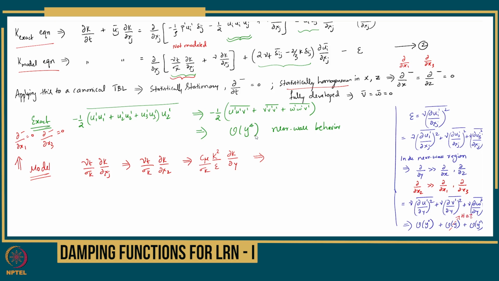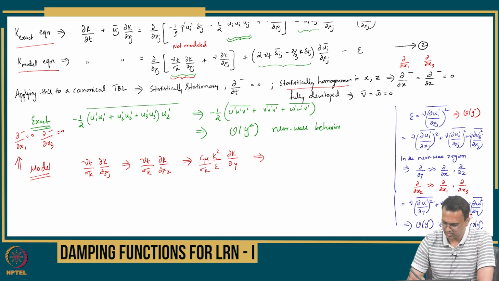So what does this mean? Epsilon has the y0 behavior. Epsilon is not showing any y dependency in the near wall zone. So epsilon is now available for the model, k is available, and dou k by dou y we will figure out. So I get essentially the near wall behavior k square, right?